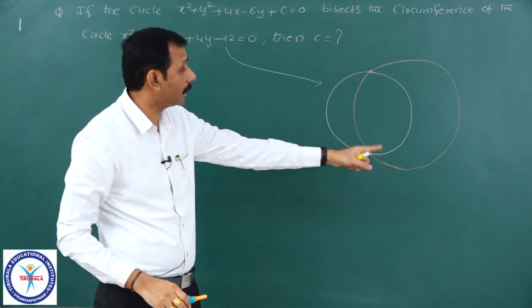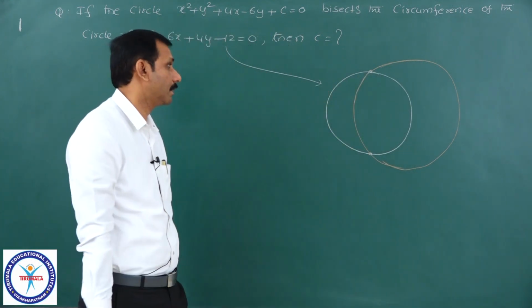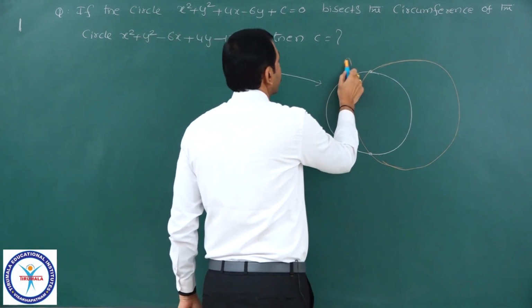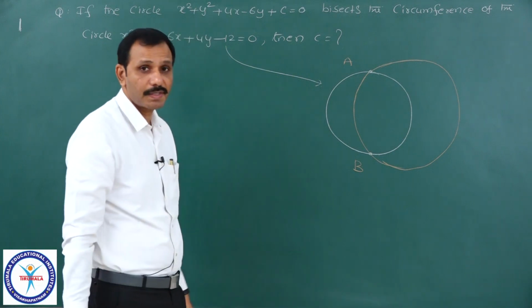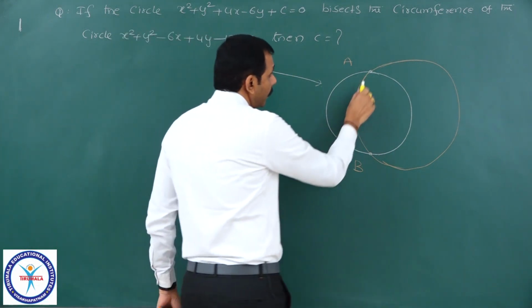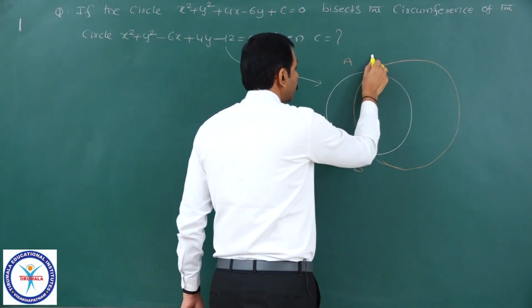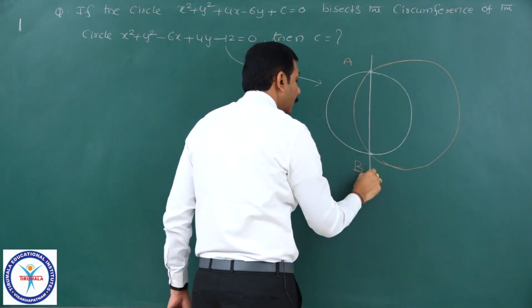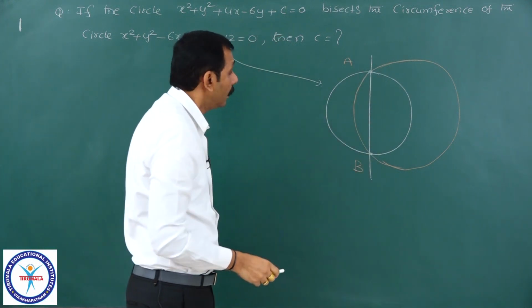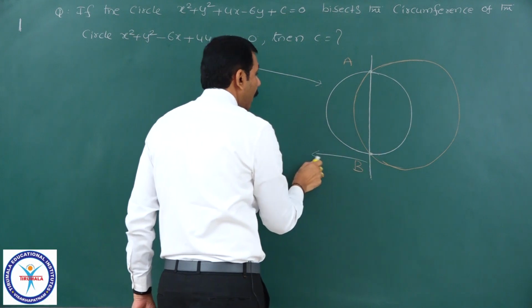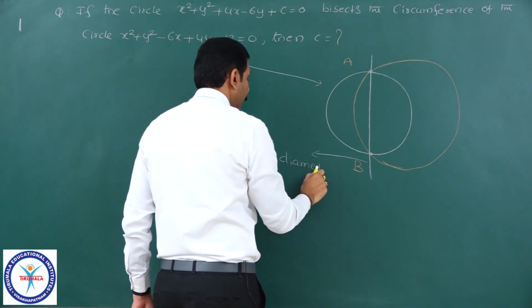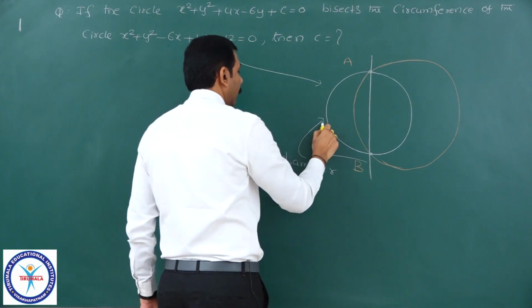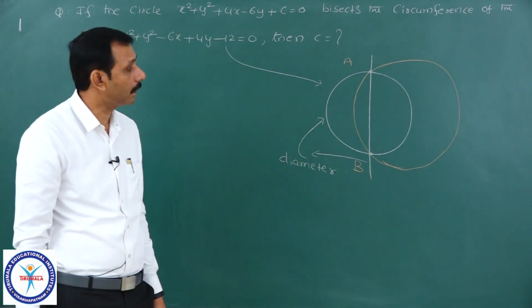Therefore, I can say that the circle bisects the circumference of this circle. Let me take here it is A and here it is B. Now, because these are the points of intersection, the radical axis, that is nothing but the common chord, is nothing but a diameter of this circle. It is a diameter for this circle. Hope you understood this one.